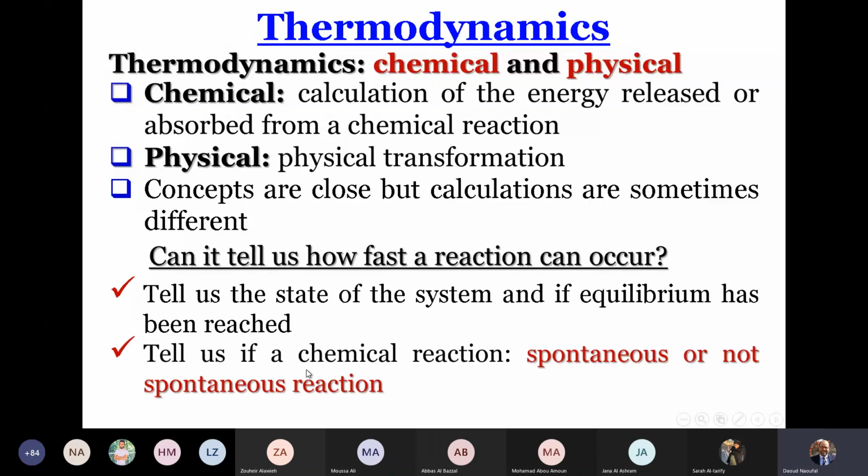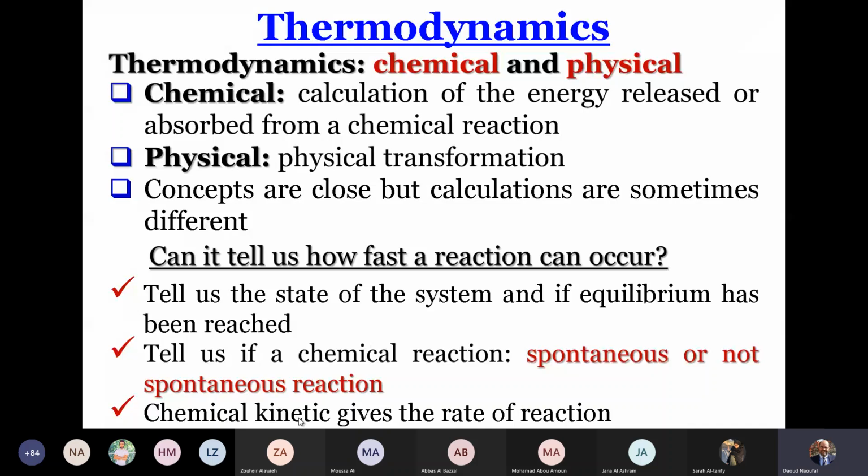The rate of the reaction can be obtained only from the chemical kinetic. So first, if we want to study the kinetic of a reaction as in grade 12, we have to know if the reaction is possible or impossible. So we do thermodynamics studies first.